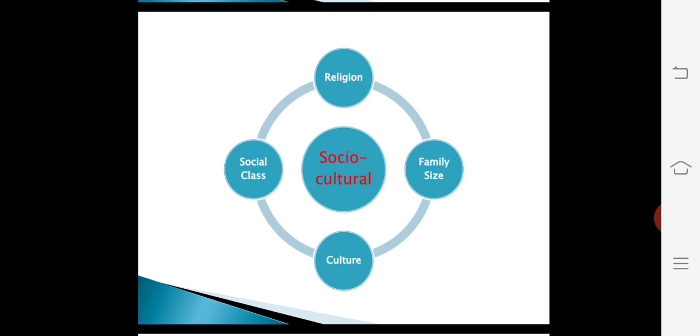Similarly, the same Maruti Suzuki company produces cars like Alto for targeting small families. So the companies have also divided their products based on the size of the family. Okay, the next one is culture. India is a country where diverse culture is there, and based on culture, the requirements of people are different.